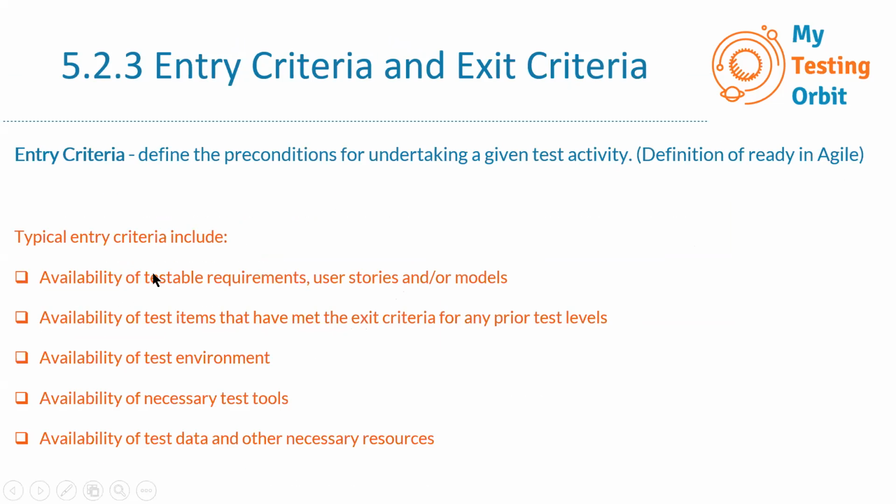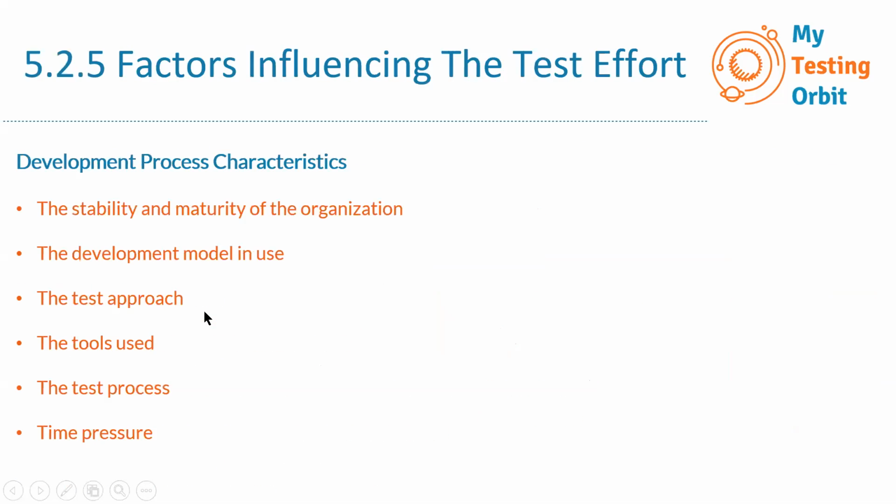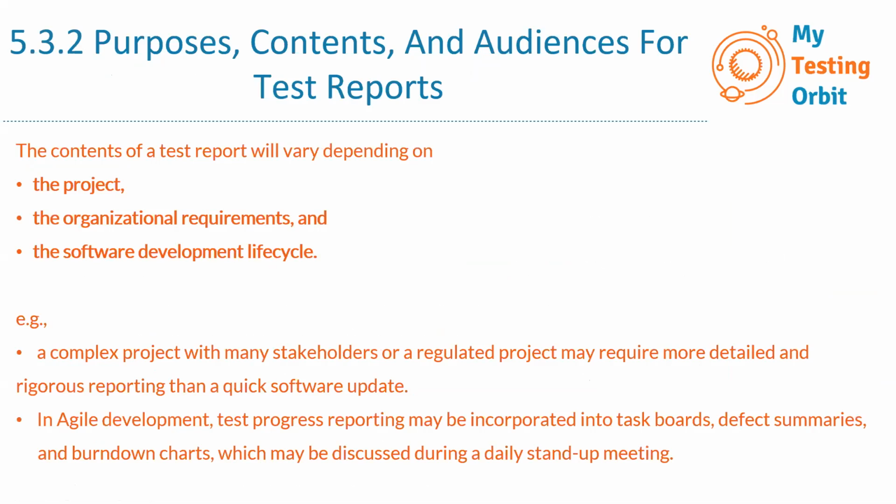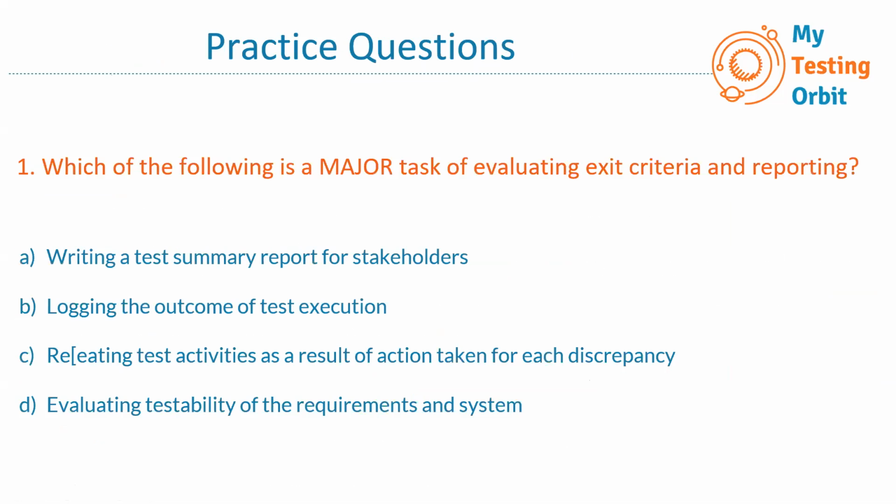So see, it's availability of testable requirements. So this is part of entry criteria. Over here in the question, we were asking about exit criteria. So I think you just confused it with that one. So I hope this one is clear now. So the correct answer is A, writing a test summary report for stakeholders.